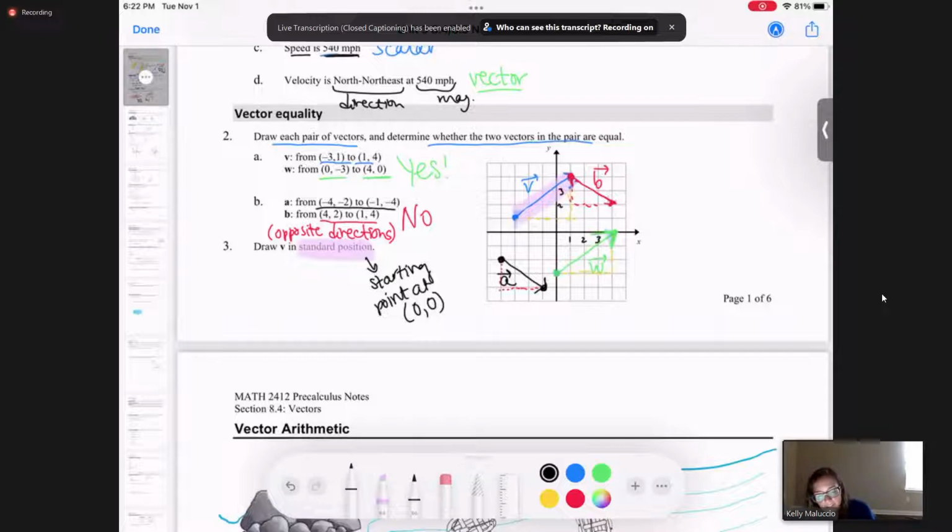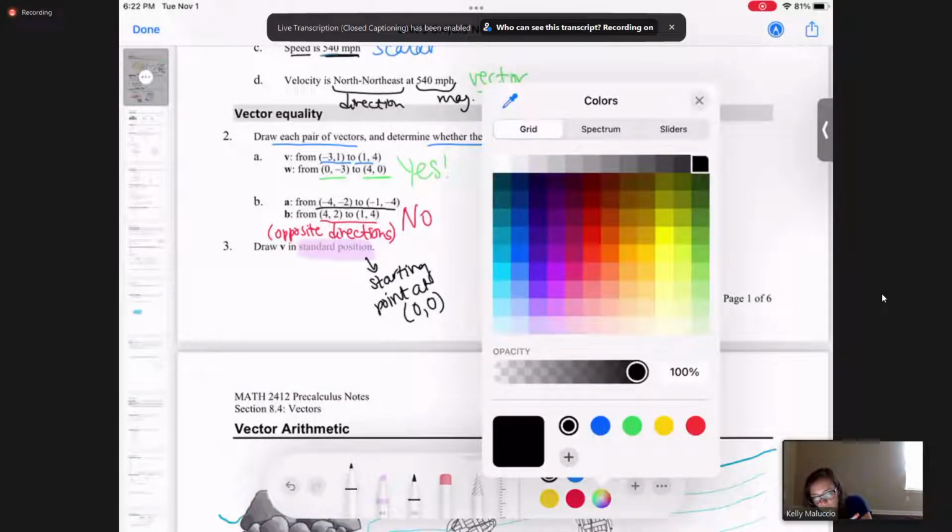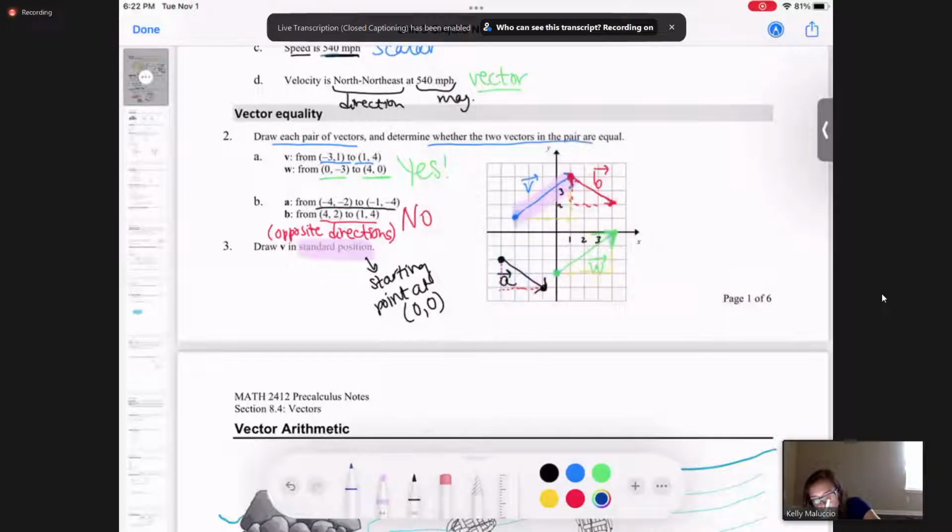So we're going to take this V, and maybe I'll do it in dark blue like this. We're basically shifting this. We want the starting point at the origin, so we figure out where we shift that first point. Then wherever that shifted, the terminal point has to move the exact same way.